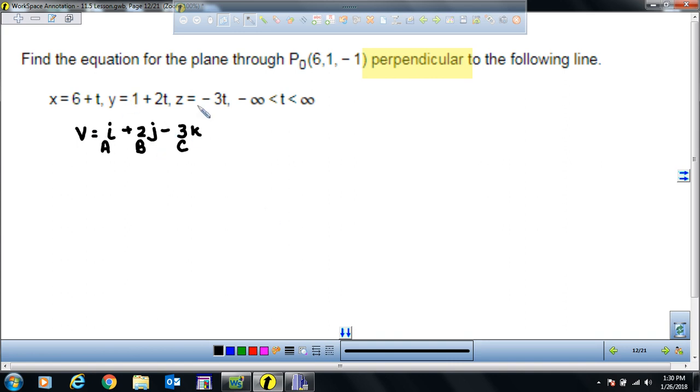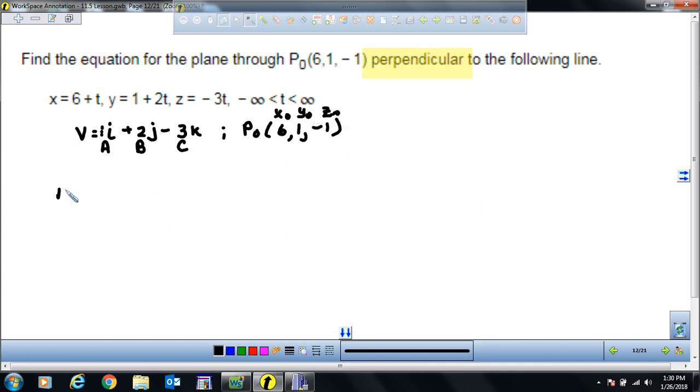So this vector is parallel to this line, and that line will be perpendicular to the plane. And we want it to pass through the point P of 0, which is 6, 1, and negative 1. Those are my x of 0, y of 0, and z of 0.